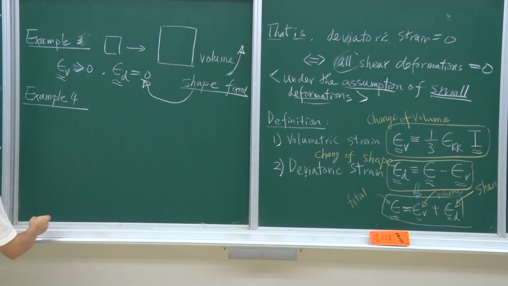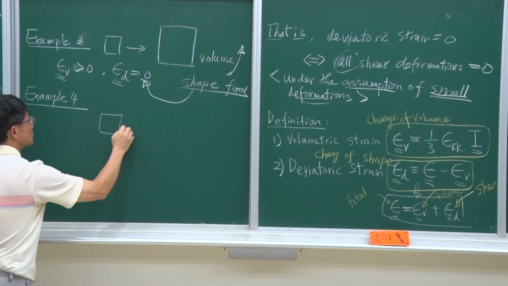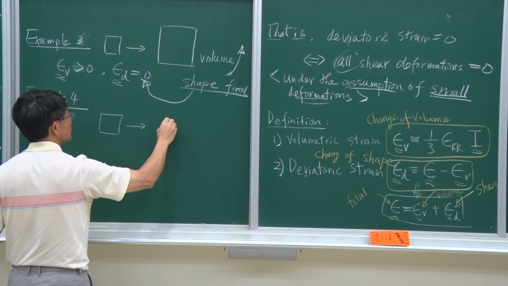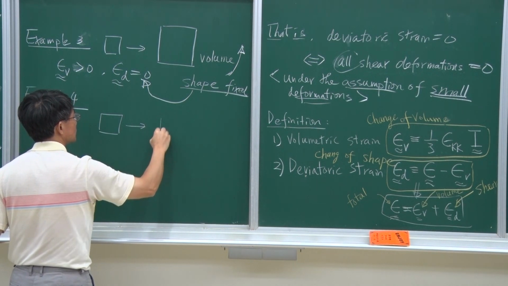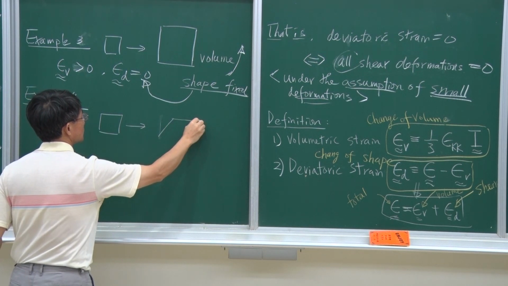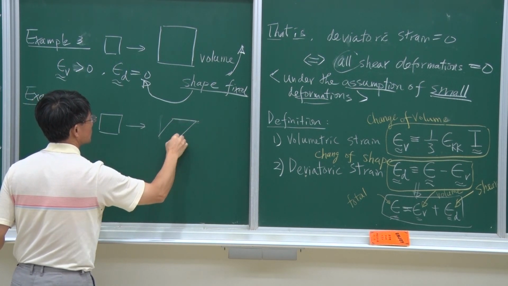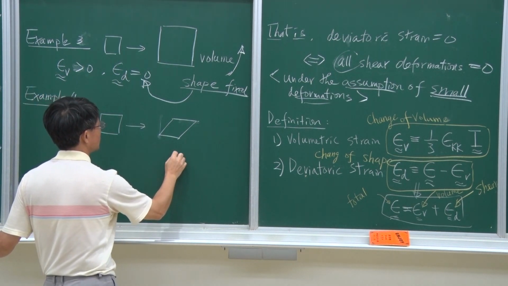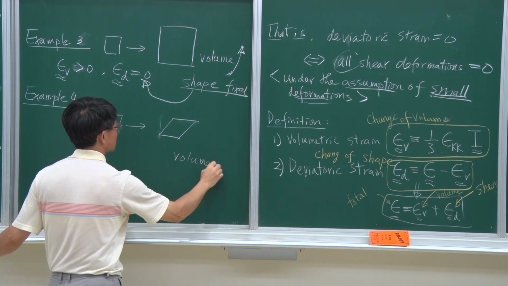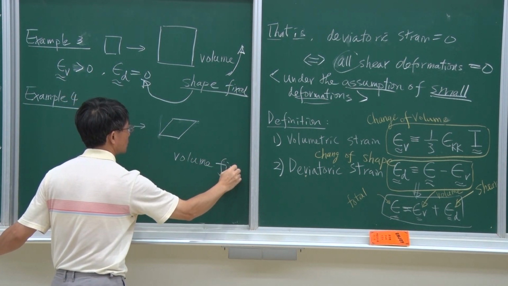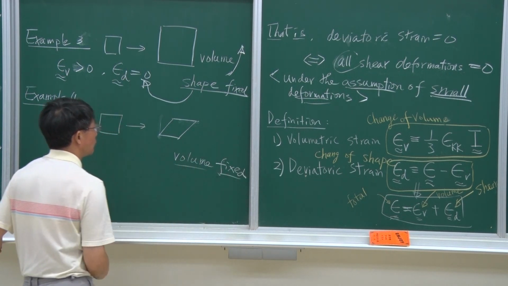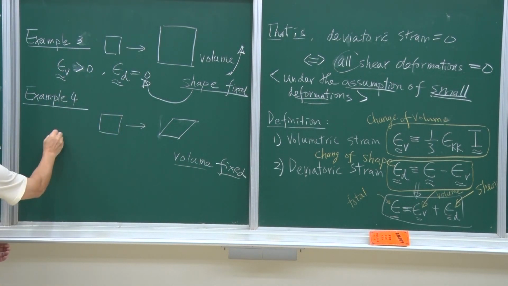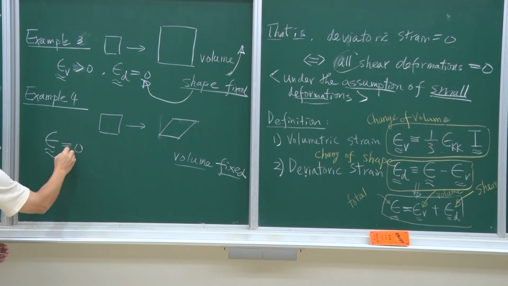Example 4. Volume doesn't change, volume is fixed. So in this case, the volumetric strain equals 0.